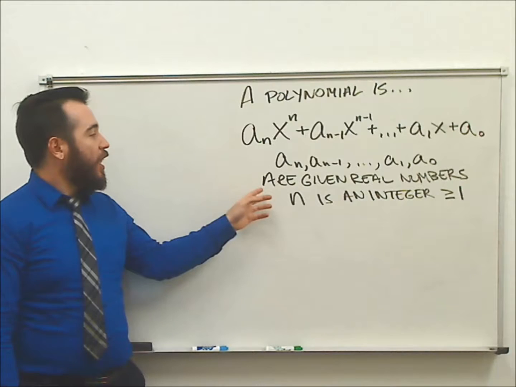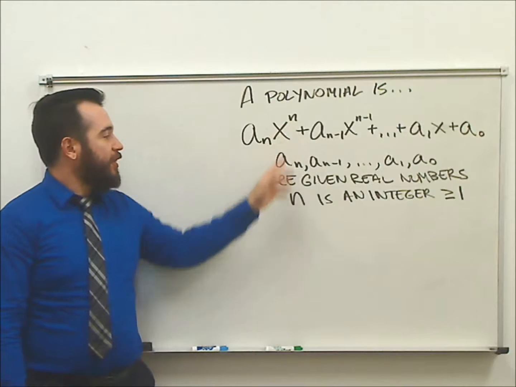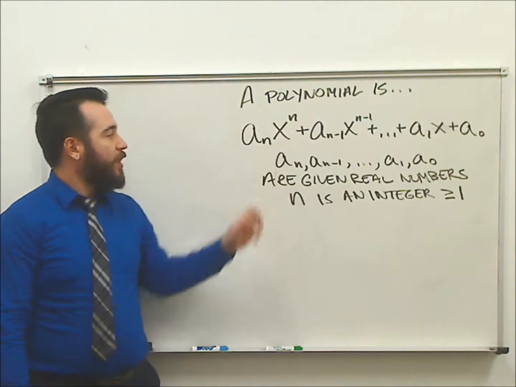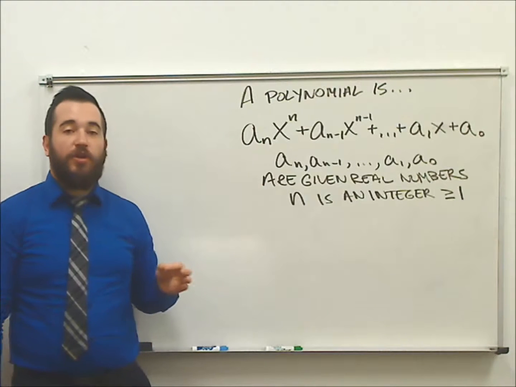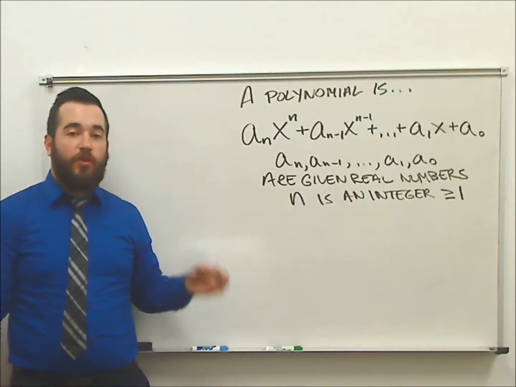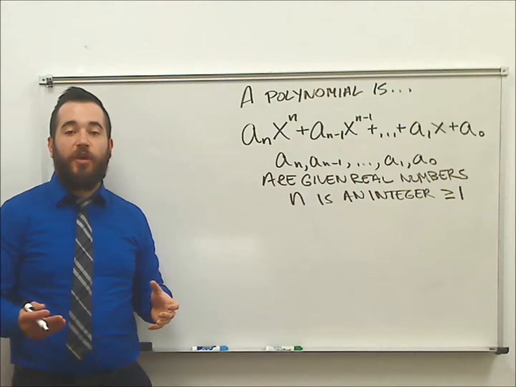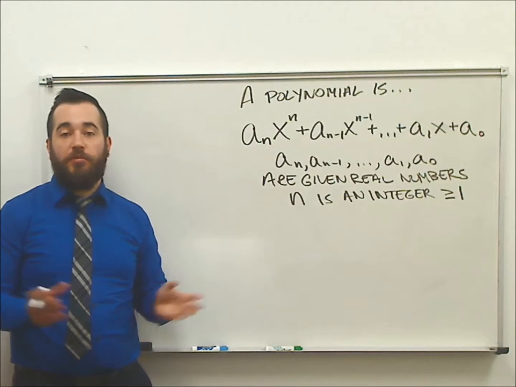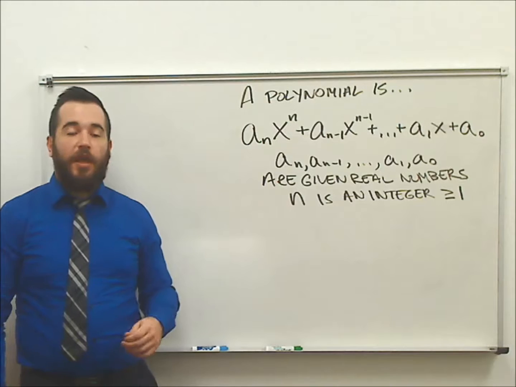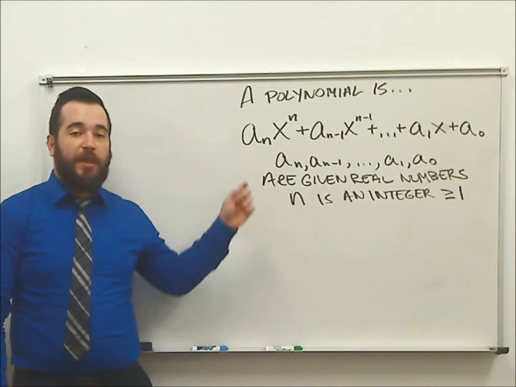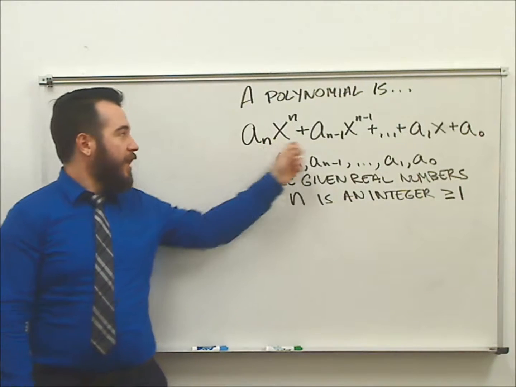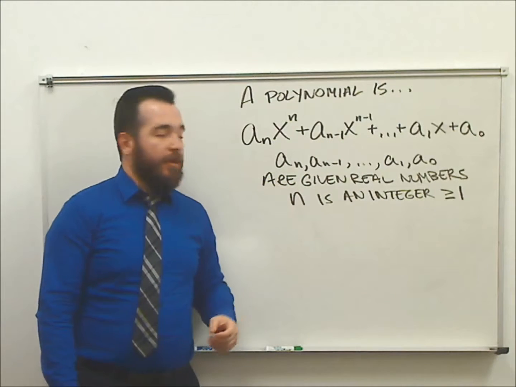Next, your exponents. You need to start with n as an integer greater than or equal to 1. If you start with an integer equal to 0, you're just talking about a number, which we just call a constant.